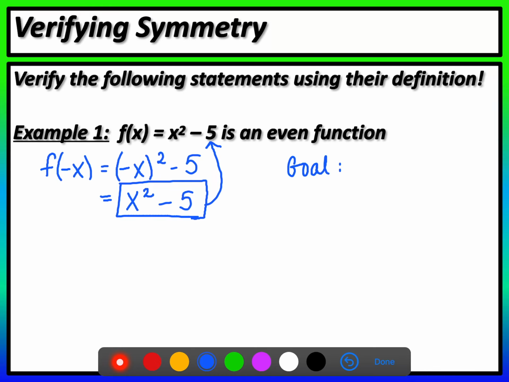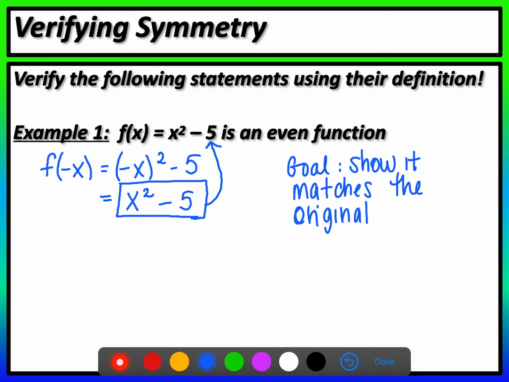That's always the goal. Your goal is to show it matches the original function when you use one of your tests.